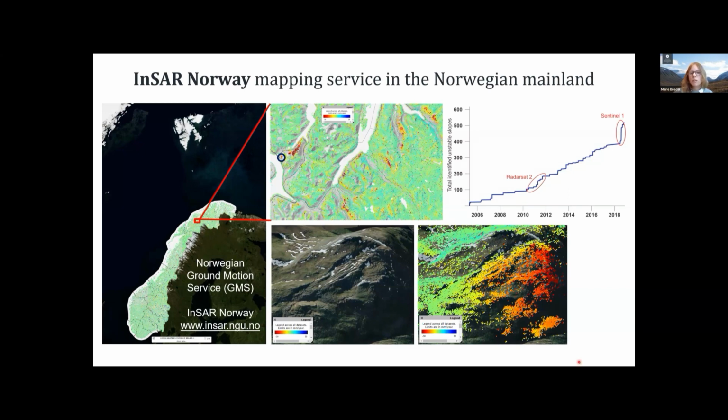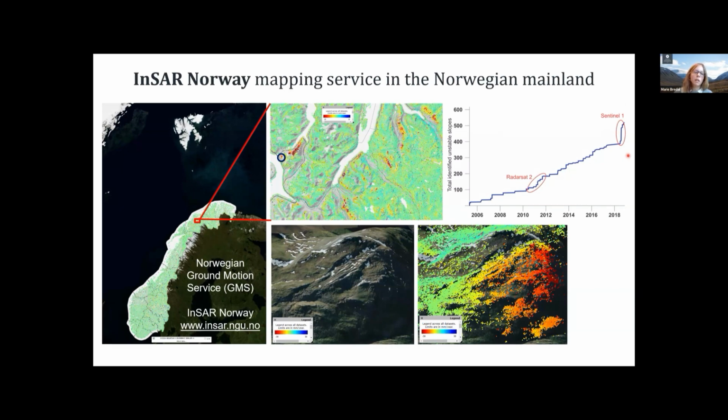And in the graph here, with the release of the nationwide data set, this is a graph that shows the number of unstable rock slopes that we are mapping out at the Geological Survey of Norway. With the release of the nationwide data set, we clearly see a jump in the number of unstable rock slopes that we could identify.